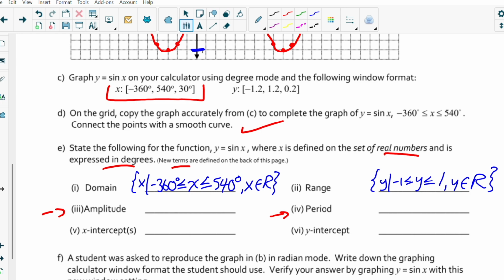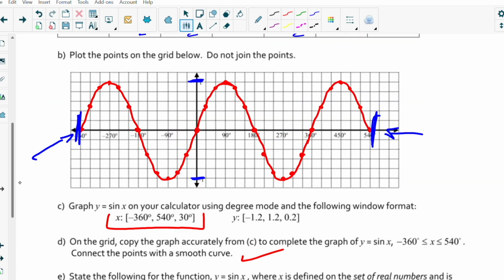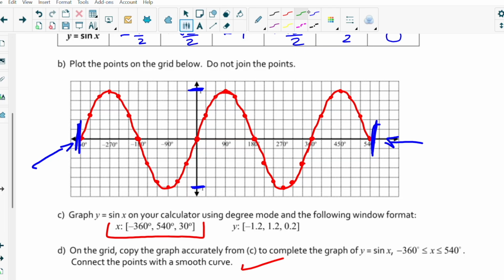What's the amplitude? We'll define that on the next page, but the amplitude is the maximum vertical distance that the sinusoidal function varies above and below a horizontal axis, right? So if I think about the symmetrical horizontal axis, let me just get rid of this and this.